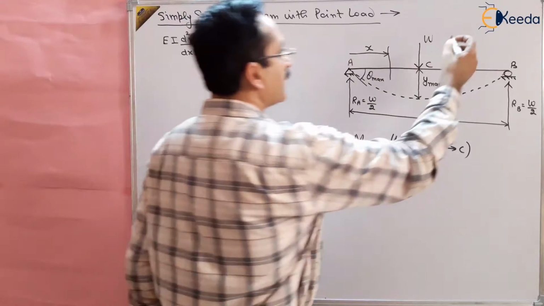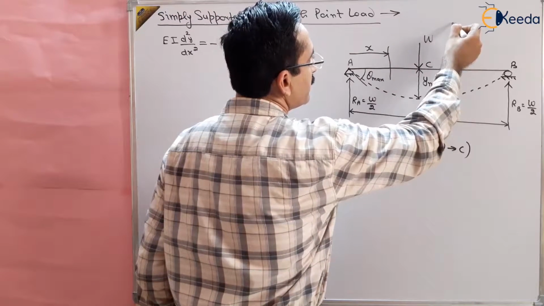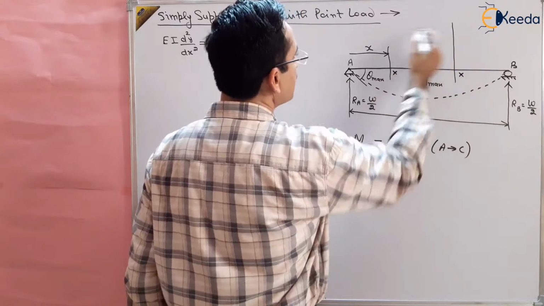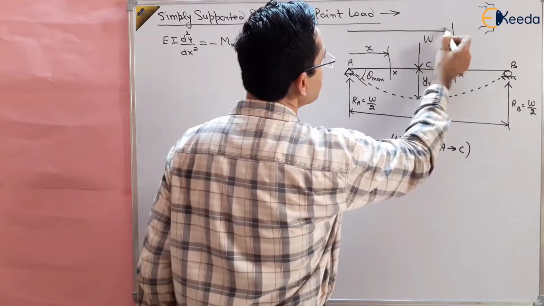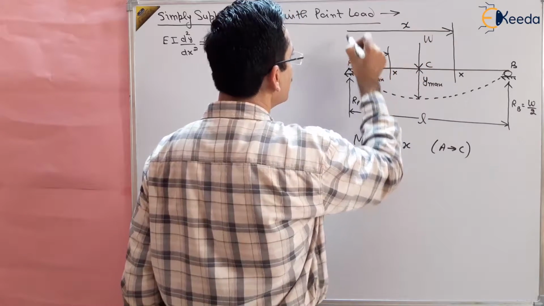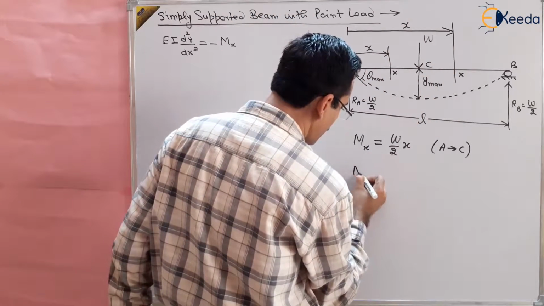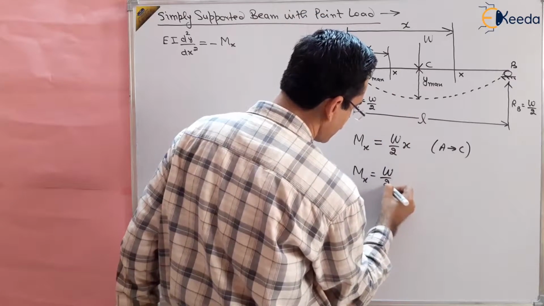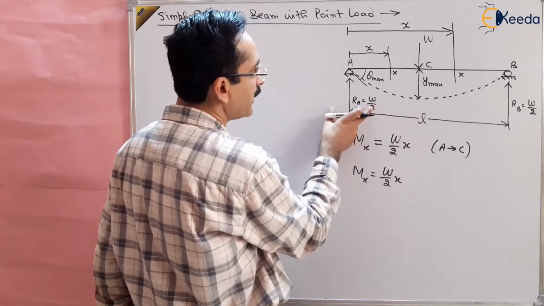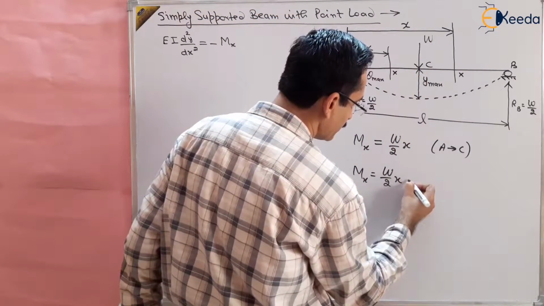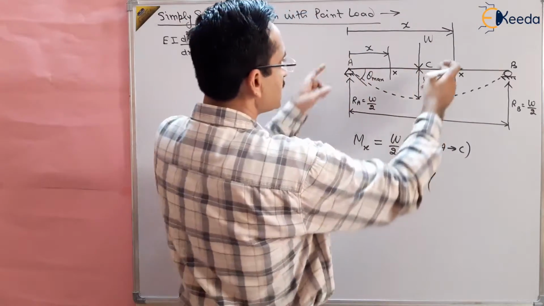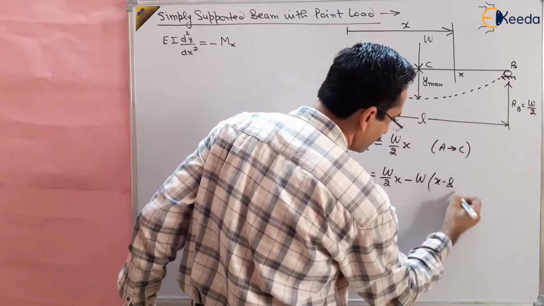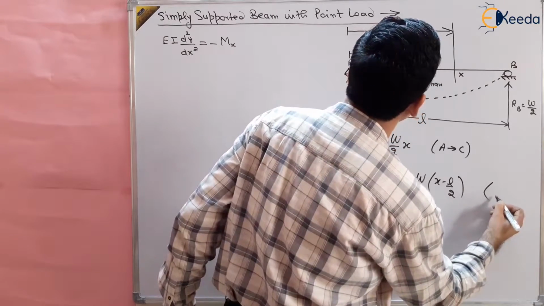So for another section, suppose at another point, also at a distance x from the point A, Mx will be equal to positive W by 2 x, the moment of this W by 2, and the moment of this W will be minus W, and the distance is x minus L by 2. So x minus L by 2, and it is valid between C to B, right?